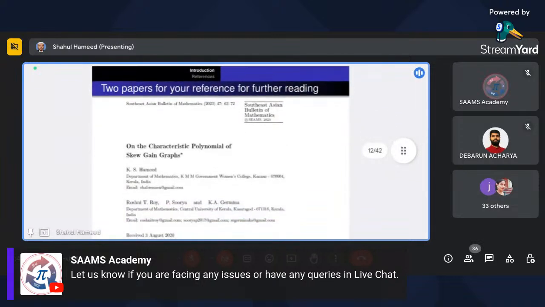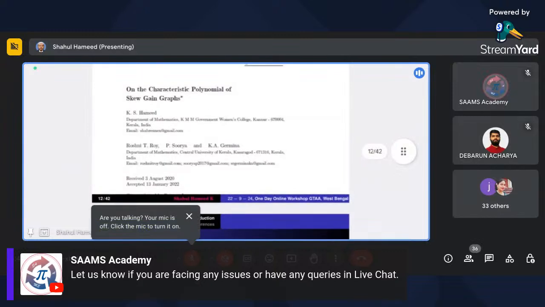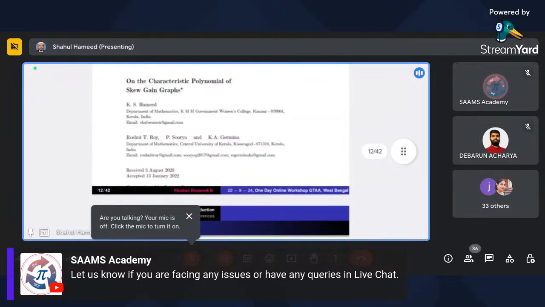If you want to read more, these are the two papers which we published. The first one is in the Southeast Asian Bulletin of Mathematics, with the title On the Characteristic Polynomial of Skew Gain Graphs, with me and my guide, Dr. Shahul Hameed, and others, her students.